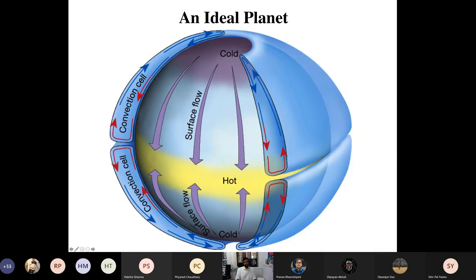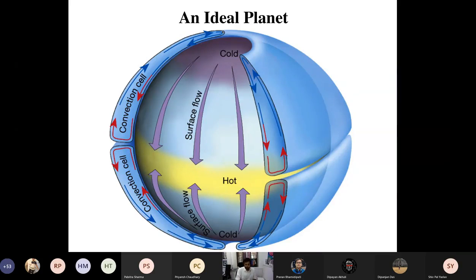So in an ideal planet which is not rotating, okay, the key factor is a non-rotating planet, which is perpendicular to its axis and moving around the star in a very circular pattern. This is the kind of wind circulation we will expect.